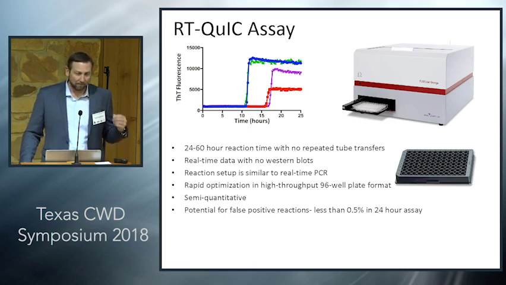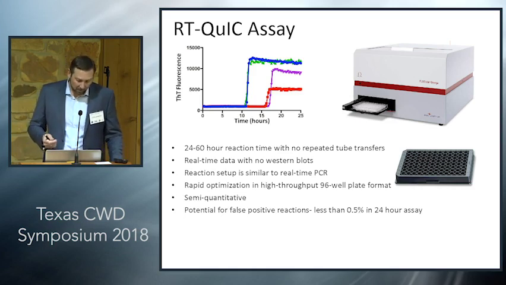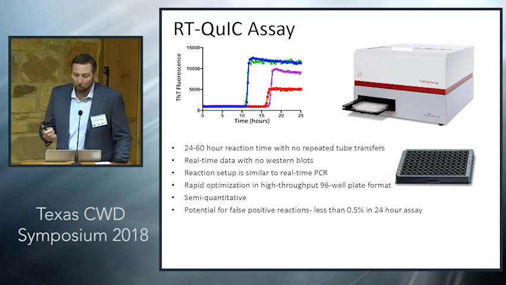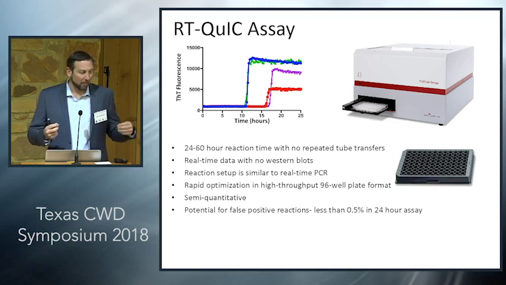RT-QuIC does replicate the protein, the CWD seed, but it doesn't do that in a manner that recapitulates the disease conformer. So it's more of just a detection assay. It's also potentially more prone to spontaneous conversion, where the substrate can convert on its own to a thioflavin T positive state.